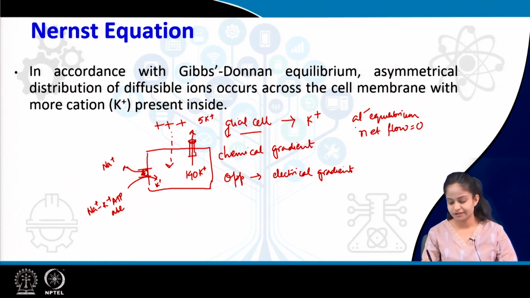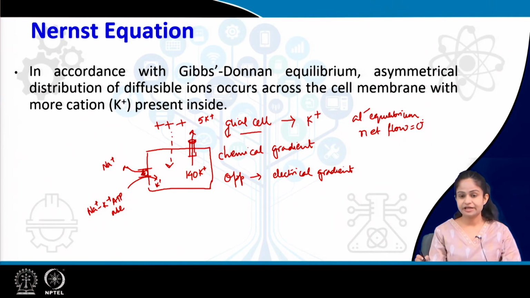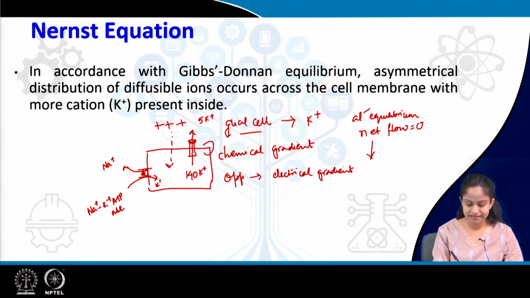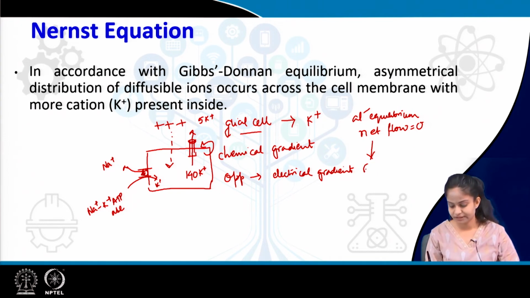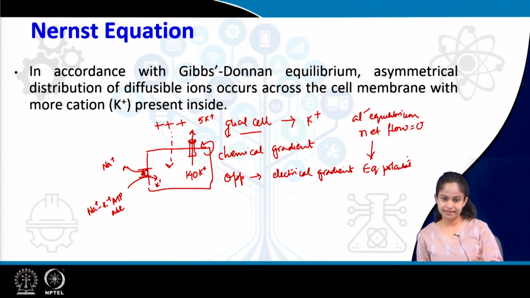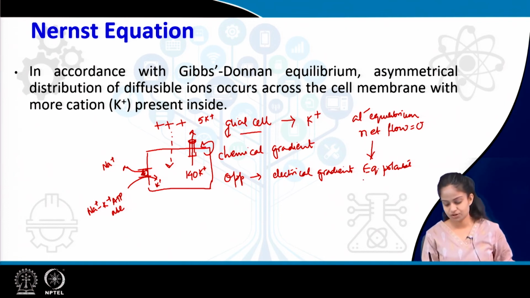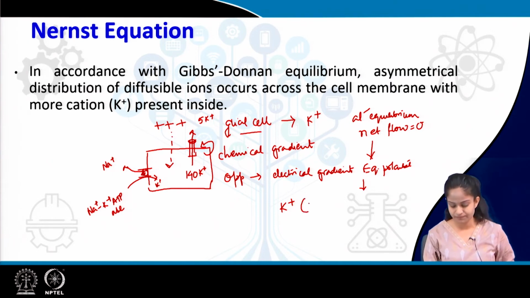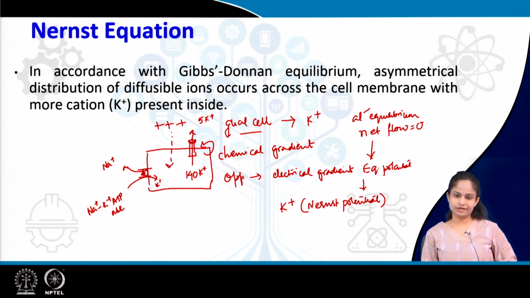At this stage of equilibrium, if we calculate the voltage across the cell membrane, this voltage is known as the equilibrium potential. Since we are considering the potassium ion, this equilibrium potential is of the potassium ion, or the Nernst potential of potassium.